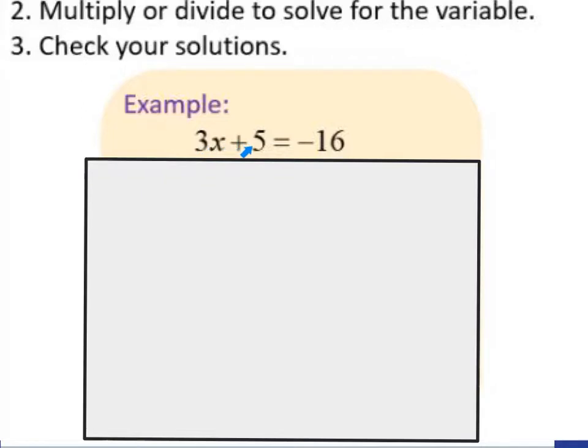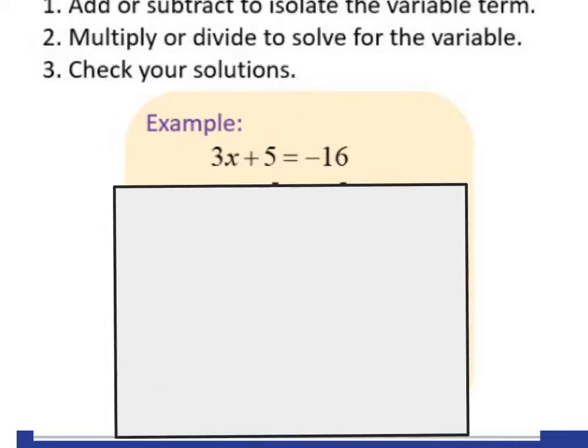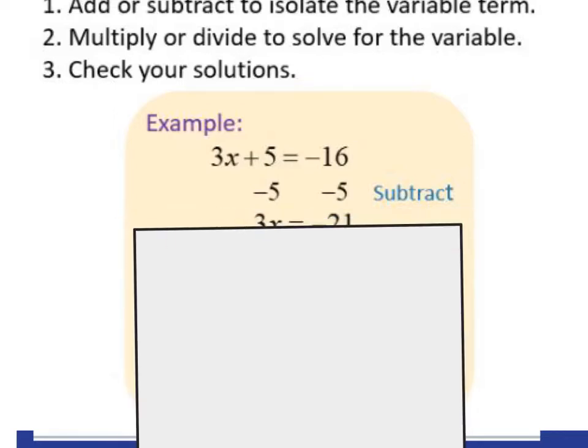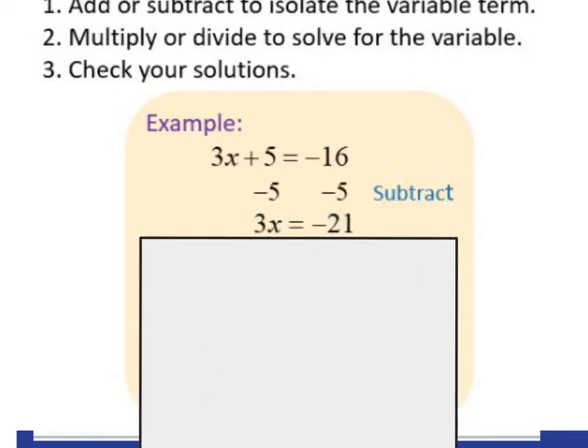So I have to undo the addition before I can undo the multiplication. It's almost, I don't want to say reverse PEMDAS, but it kind of is. You have to add or subtract before you can multiply or divide. So first step, subtract 5. And what you do to one side, you must do to the other. When you subtract 5, you get 3x equals negative 21.